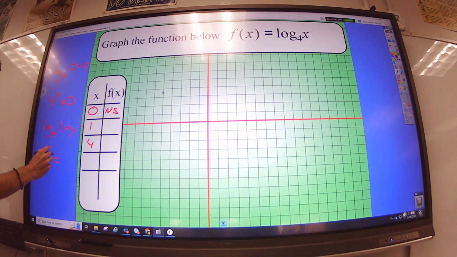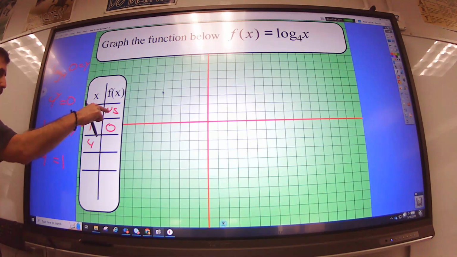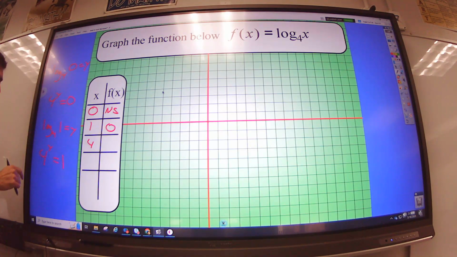And the 0 will always be no solution, 1 will always be 0. And now let's do log base 4 of 4. That'll be 1. 4 to the y equals 4. Y needs to be 1, and there it is, 1.